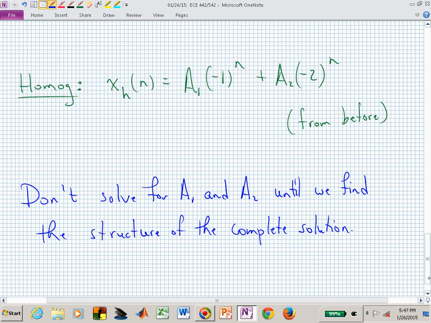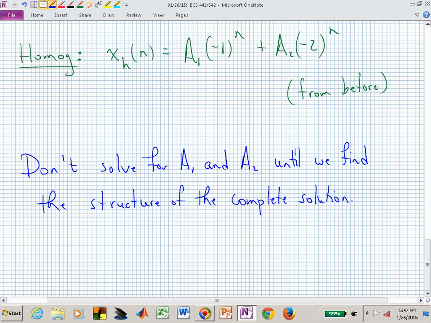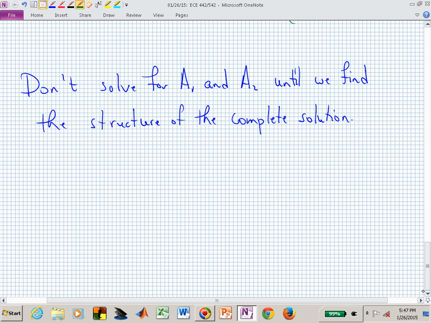Meaning we want to add the homogeneous to the particular, and then we can start looking for these coefficients a sub 1 and a sub 2 based on initial conditions or particular values. Let's now look at the particular solution.